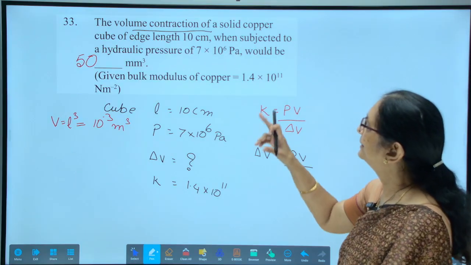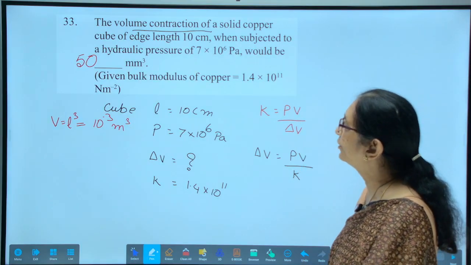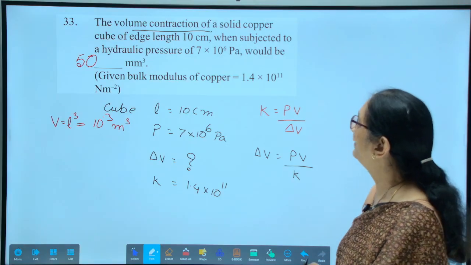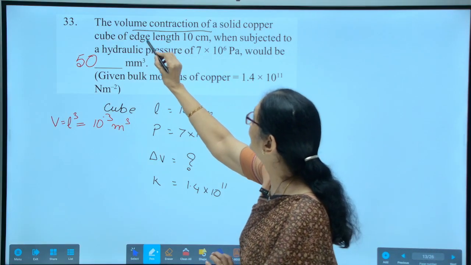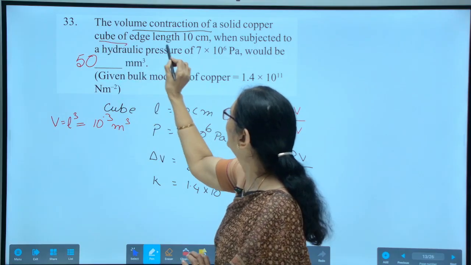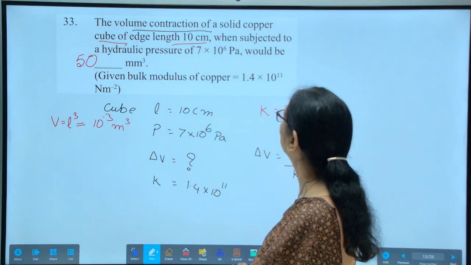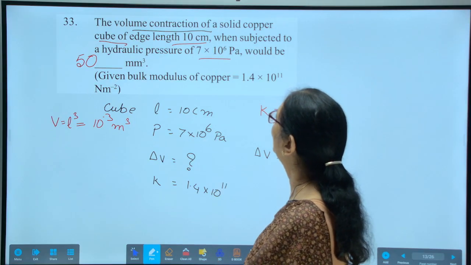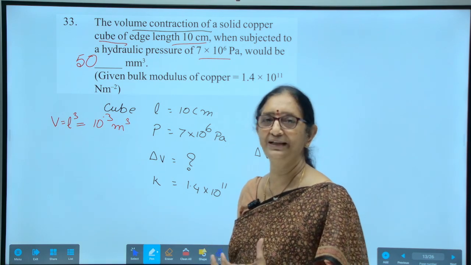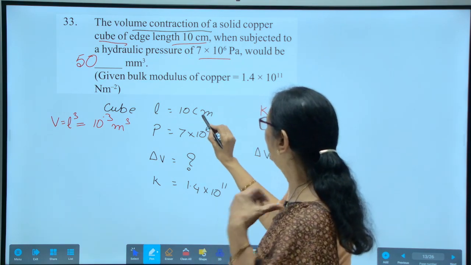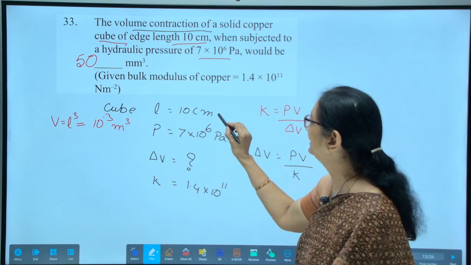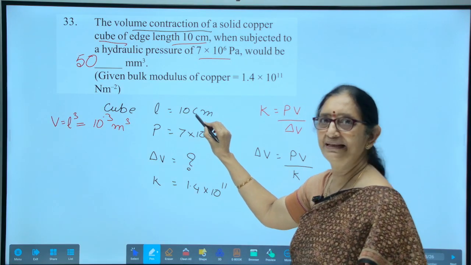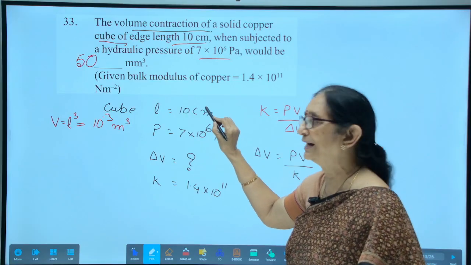Look here, the volume contraction of a solid copper cube of edge 10 centimeters, when subjected to a hydraulic pressure. What would be the volume contraction? What is delta V? It is a cube of side length 10 centimeters, that is 10 to the power of minus 1 meters.